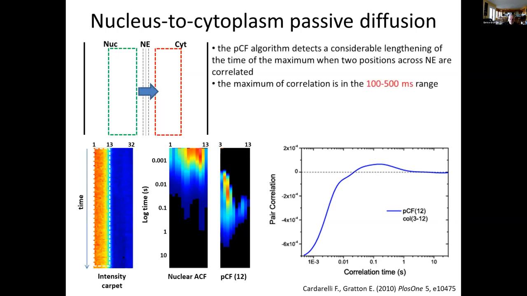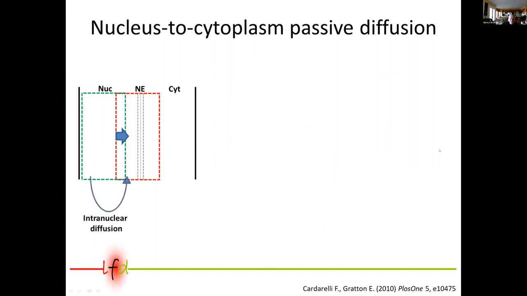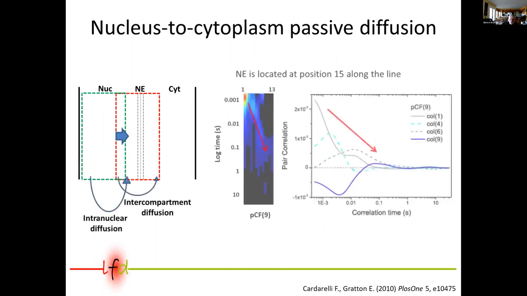So first of all, this is a large distribution, as it should be because it's diffusion. But the passive diffusion is slow, as we can see there. If we look at the crossing from the nucleus to the cytoplasm, we actually find a very different correlation function, and much faster.